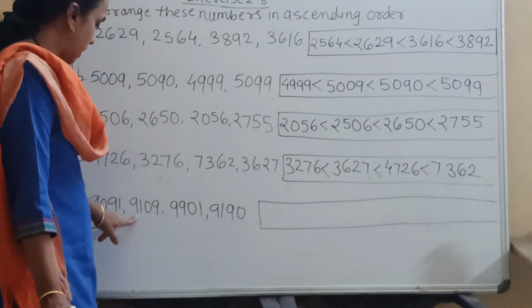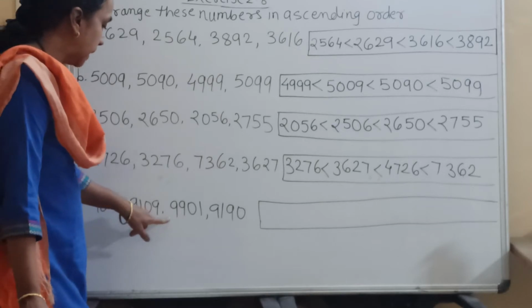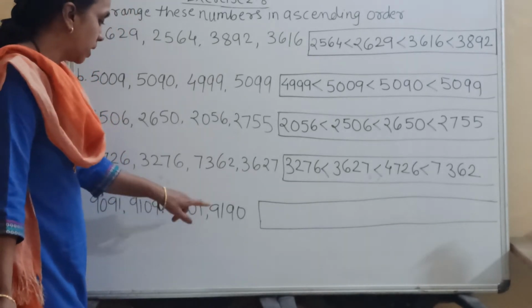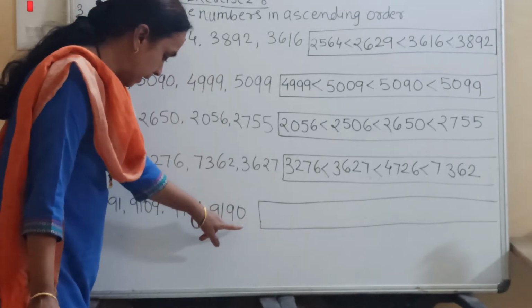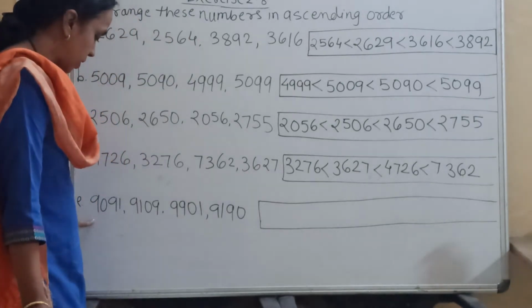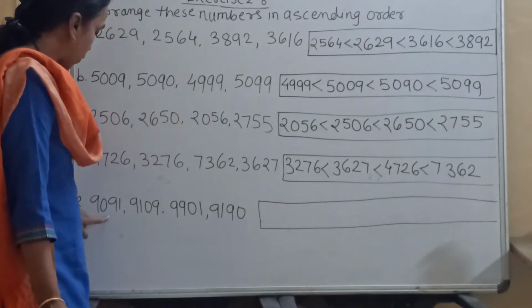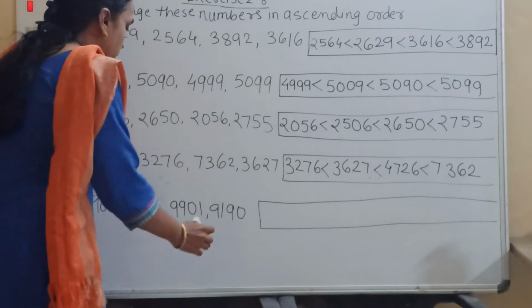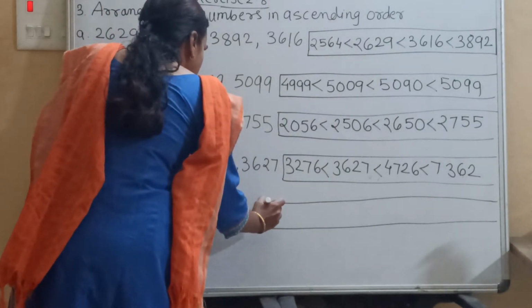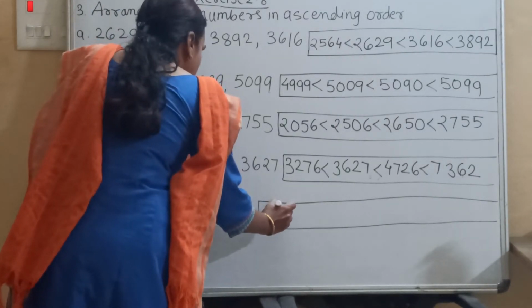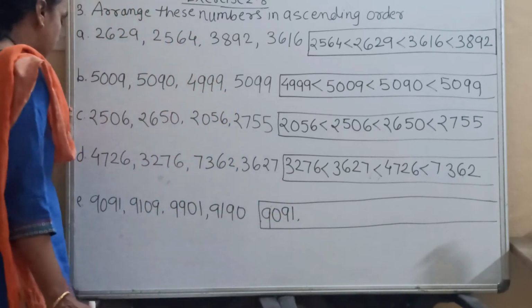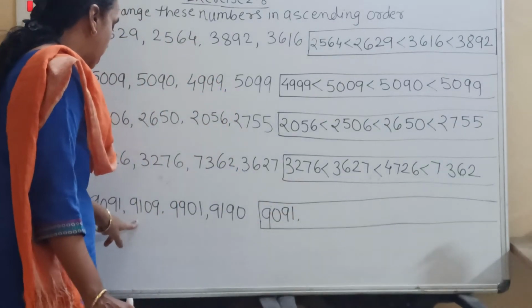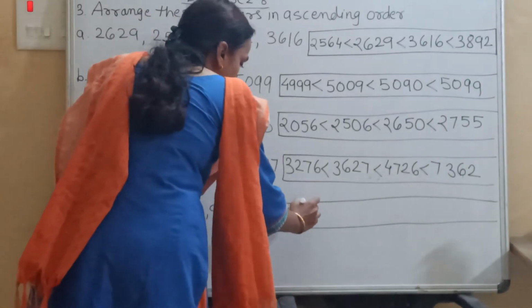Okay. Now see E question. 9091, 9109, 9901, 9190. So which is the smaller number? 9091. Then bigger than this is what? 9109.